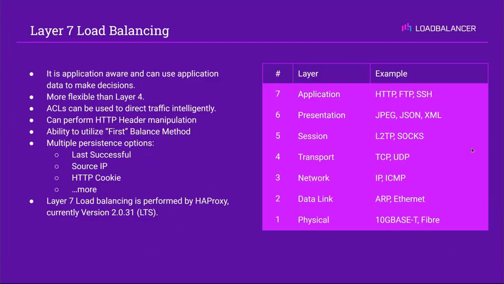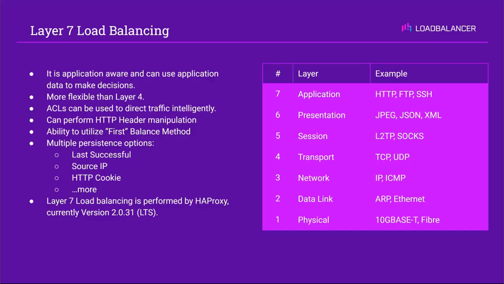And then we also do use layer 7 load balancing in some cases. As mentioned before, it works on layer 7 of the network model, so it is application aware, which allows us to have much more flexibility than with layer 4.